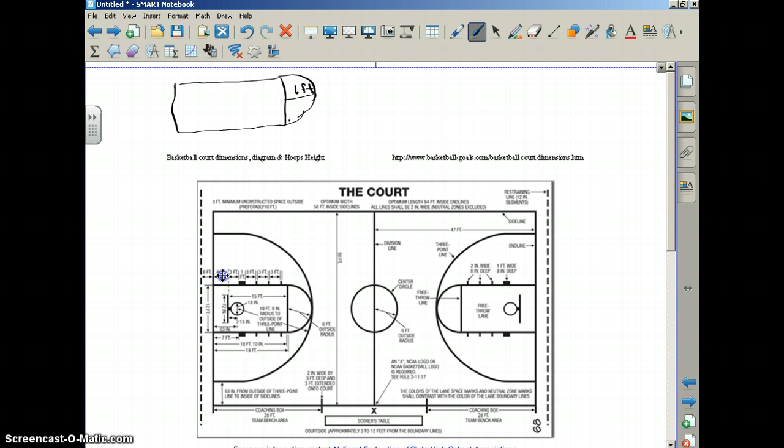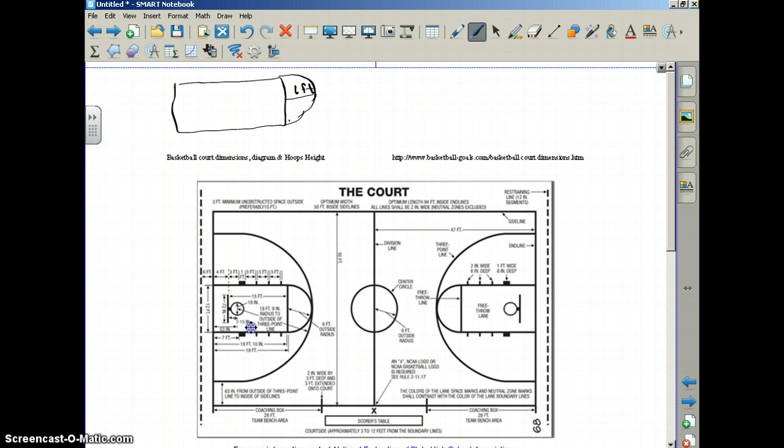And then if we add up all these little foot markers here, we get 4 plus 3 plus 1 is 8, 11, 14, 17. So that's 17 feet from behind where that basket is. So here's the basket, the place where the basket is mounting, and then 2 feet behind that.